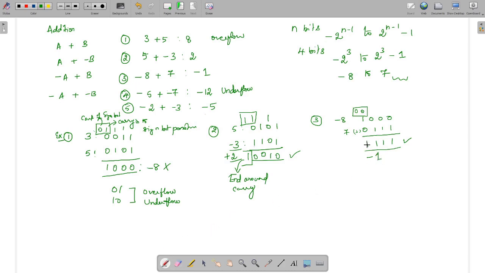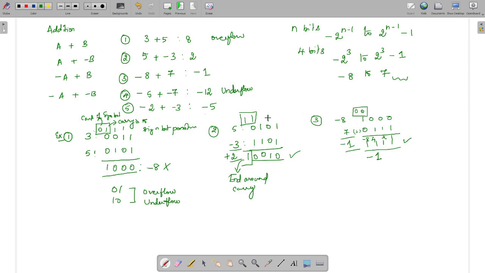It is -1, because here it is -8 and you have all these bits to be 1. So 4, 2, 1 summed up together will get you 7. -8 plus 7 will be -1. So this is -1, which is the result expected by the user after adding these two numbers.